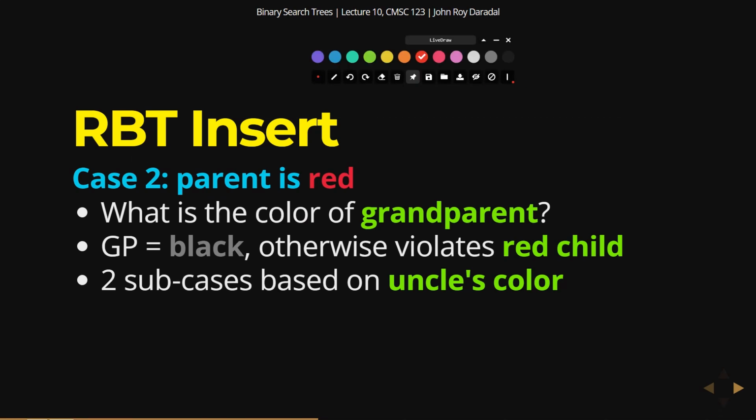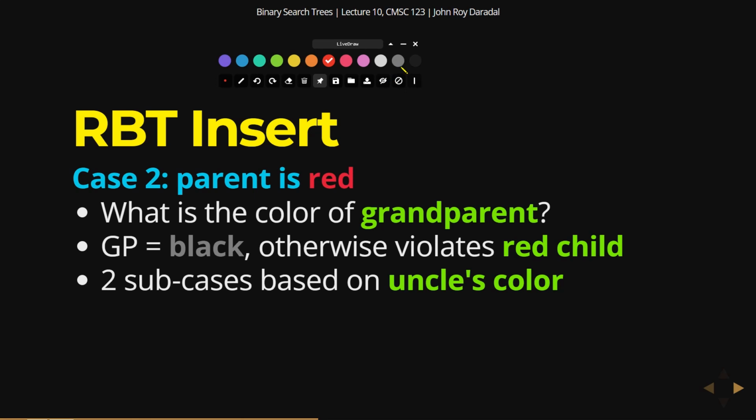So you have something like this, right? You have the red node, and for case 2, the parent P is red, and then we know that the grandparent is black. Now we will have to check the color of the uncle.